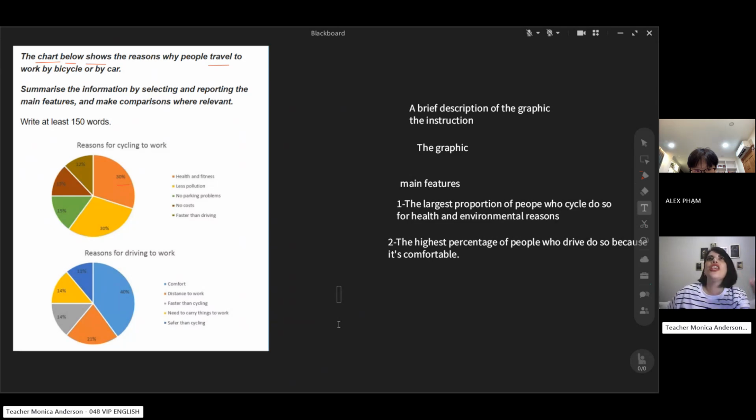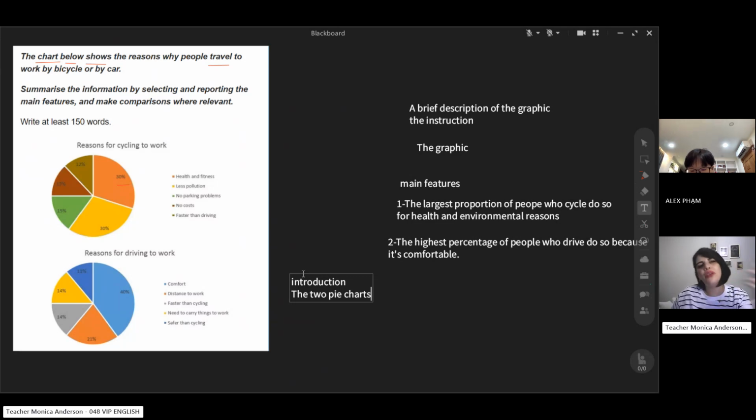What can I use for the chart below? The pie chart. Yeah, of course. You're right. So I can say how many pie charts I have: two. So I can say the two pie charts.